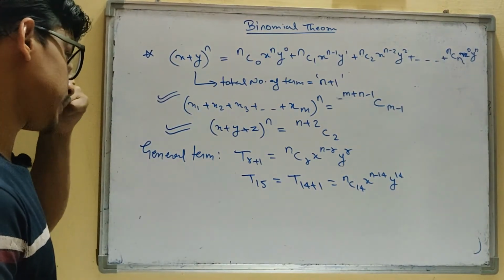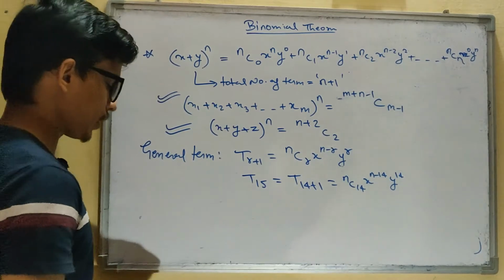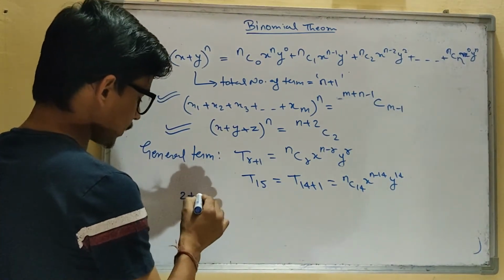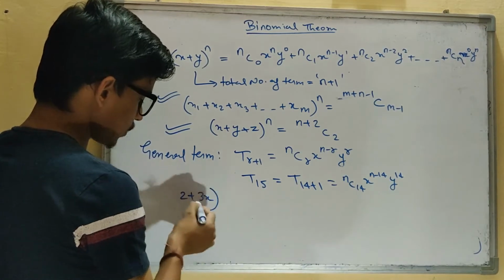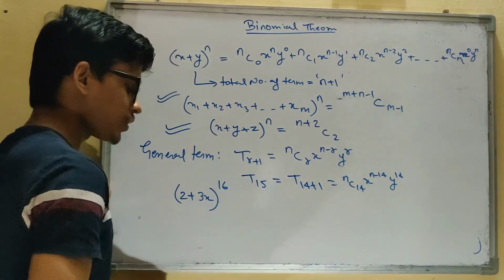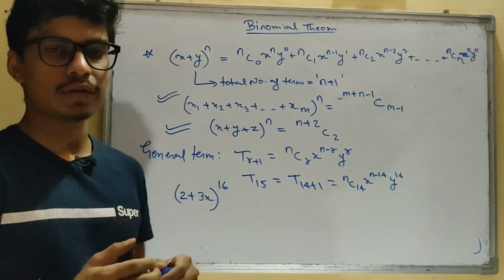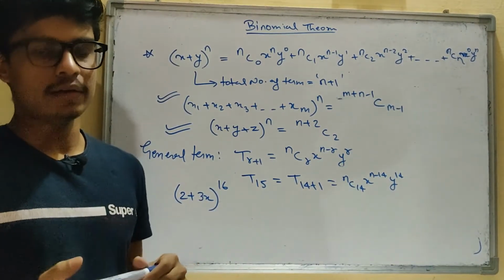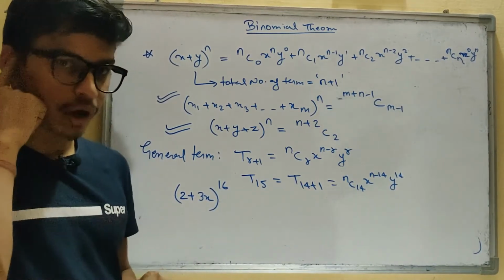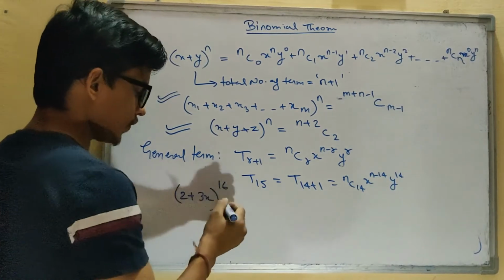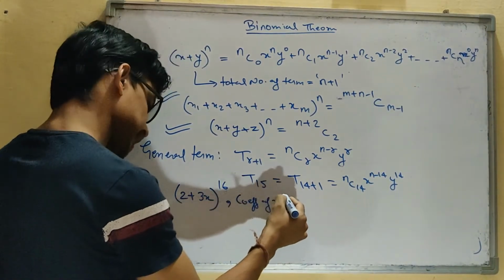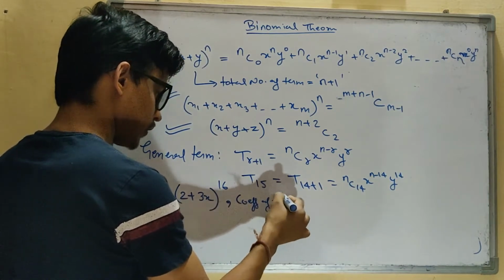Okay, what they can say is, suppose I have a question like this: (2 + 3x)^16, and the question is to find the coefficient of x^15, or let's say x^12. Okay, so I have to find the coefficient of x^12, let's say.